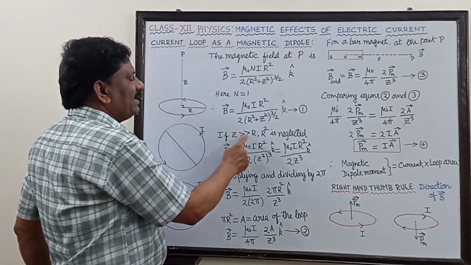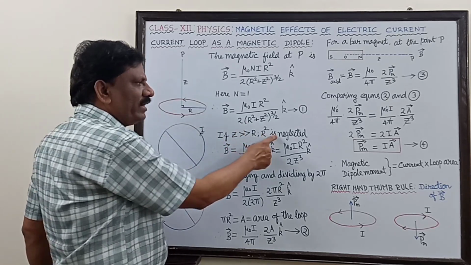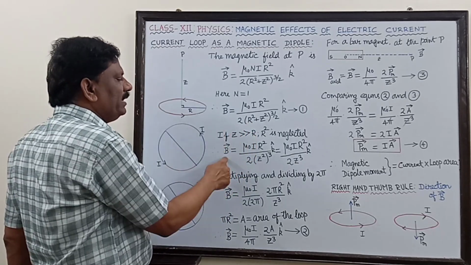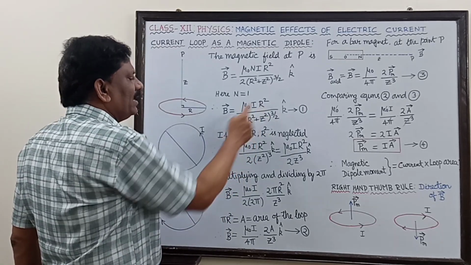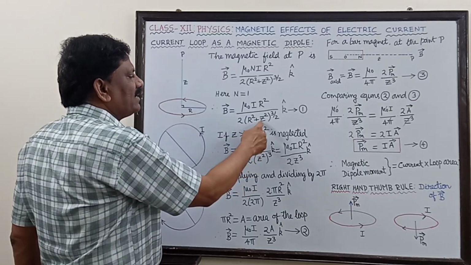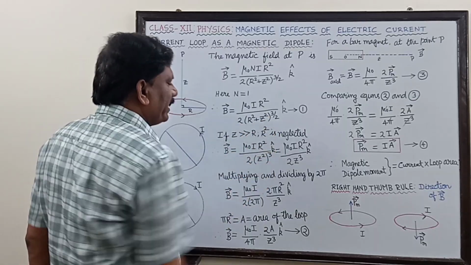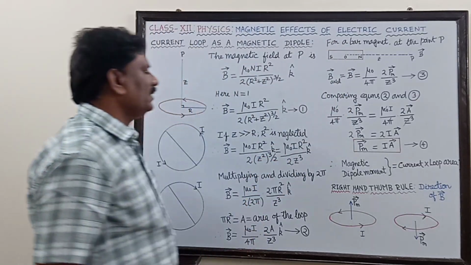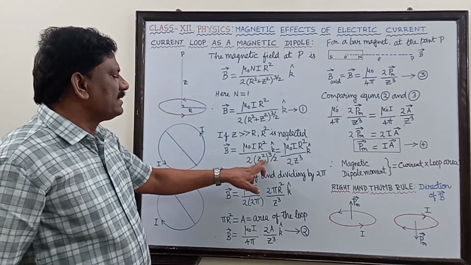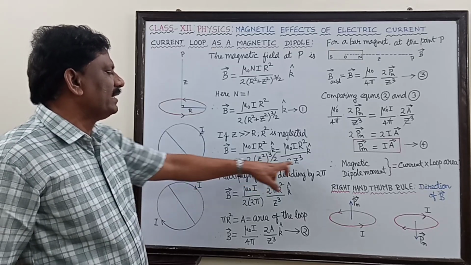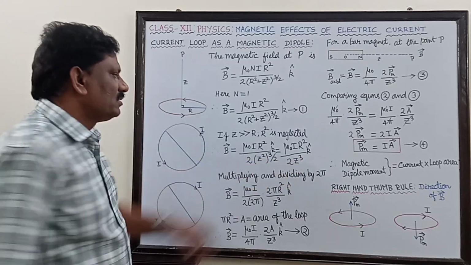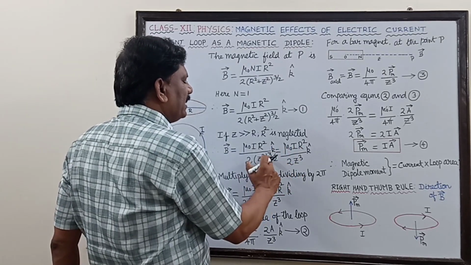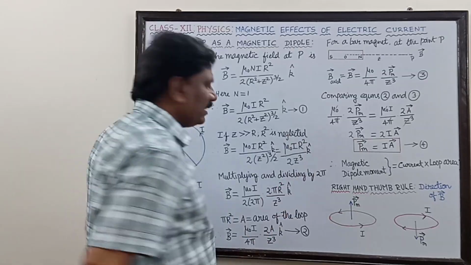So, if you neglect R square, B equal to mu naught I R square divided by 2 into (Z square) whole power 3 by 2. Now if you open this power, the 2 and 2 get cancelled, what will be remaining is Z cube. So, B equal to mu naught I R square by 2 Z cube, into k cap.